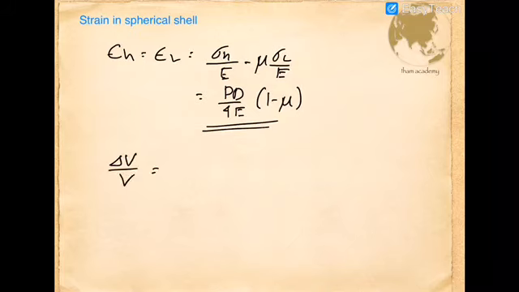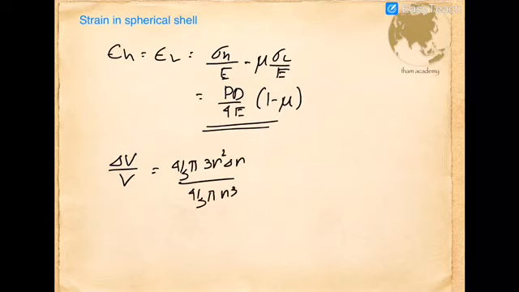And the volumetric strain you can find the same as before, delta V by V, that is the corresponding change in volume. 4 by 3 pi r cube is the volume. So the change in volume is 3 r square delta r divided by 4 by 3 pi r cube. So 4 by 3 gets cancelled, r cube and r square get cancelled, and you get 3 times delta r divided by r.